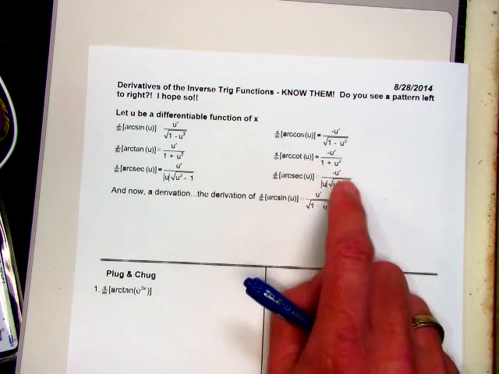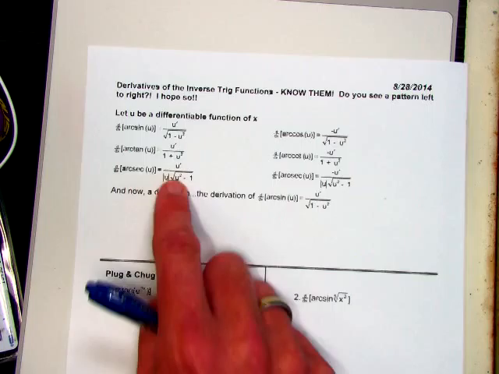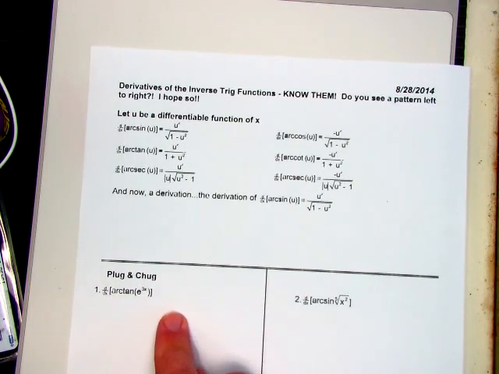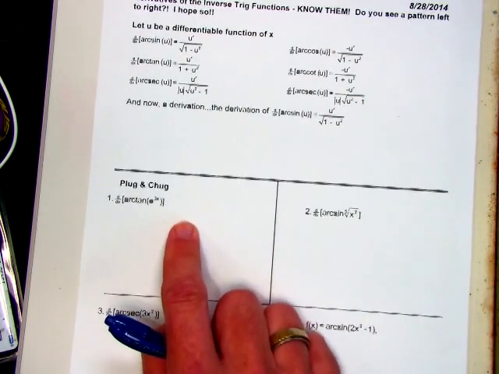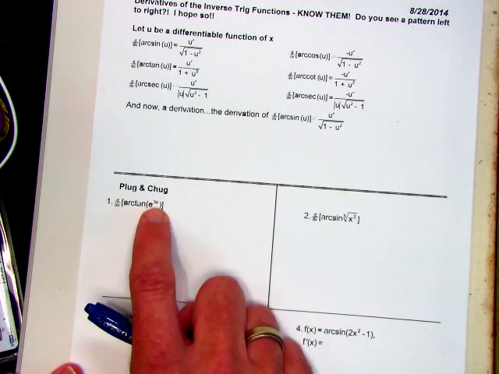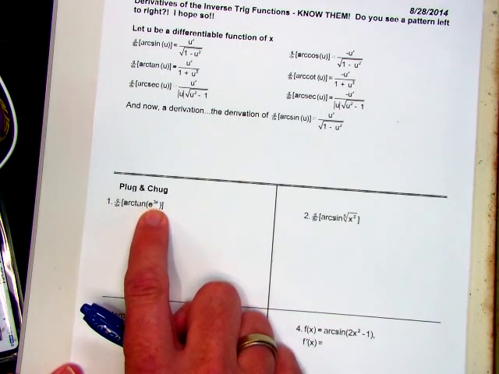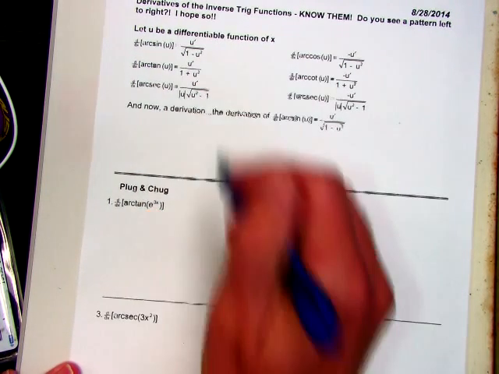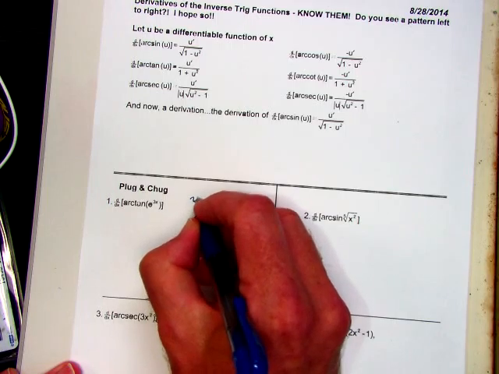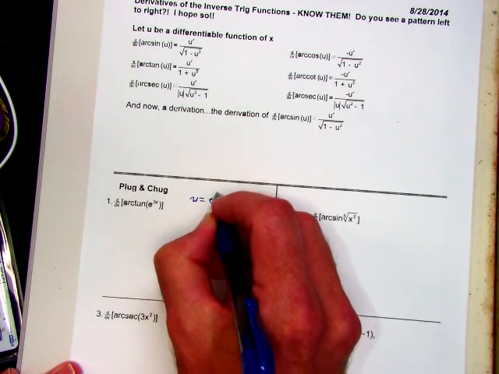As I said, I'm going to save a derivation for later. All we're going to do out here now is plug and chug. I am looking for the derivative of the arc tangent of e to the 3x. If you think about how we did it up here, u is equal to e to the 3x, correct?